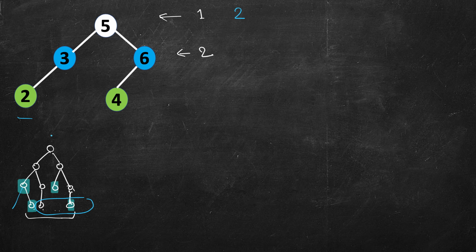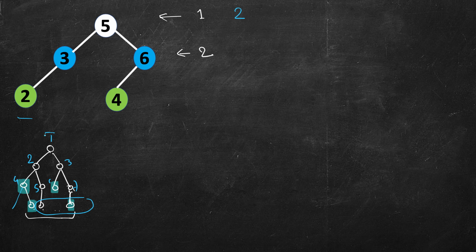So here what is the index? It's at index 1, then index 2, 3, 4, 5, 6, 7, and so on. We can implement a binary heap using an array, because we know that all the intermediate levels are filled, and only the last level is not filled.